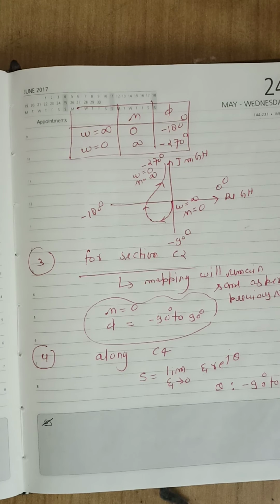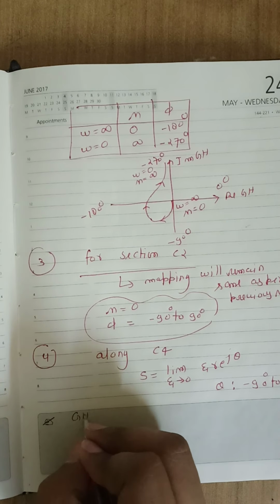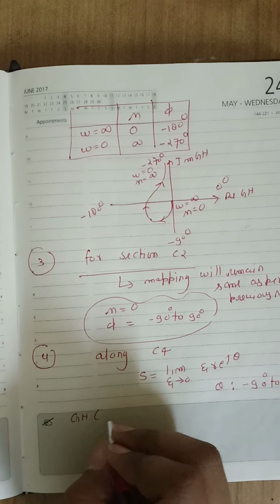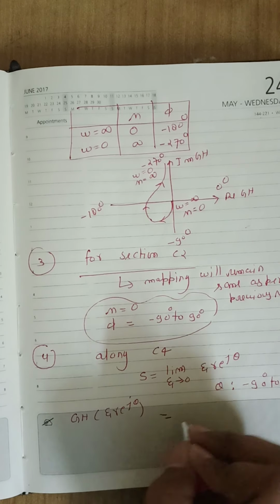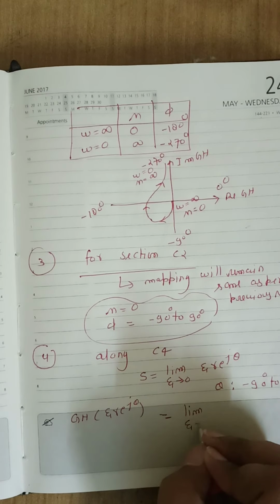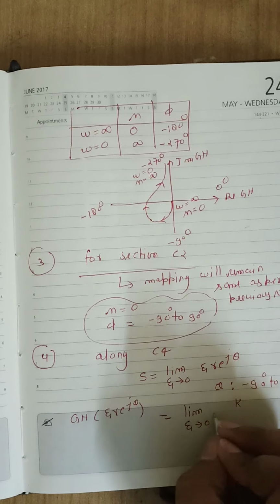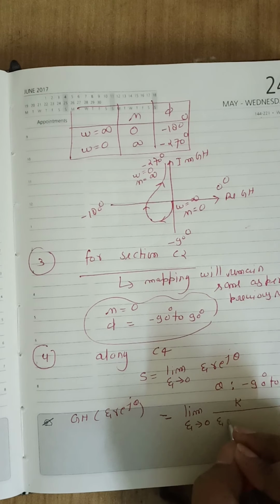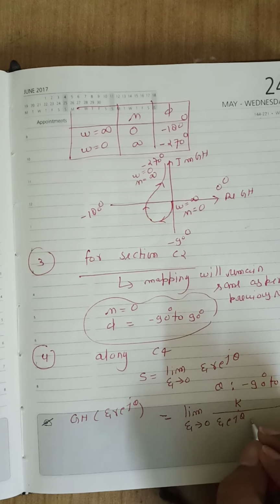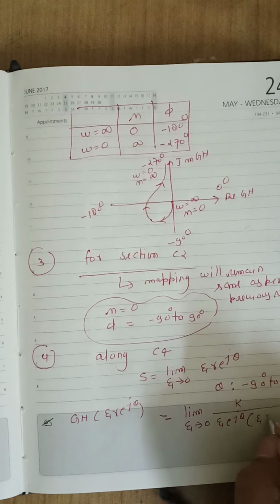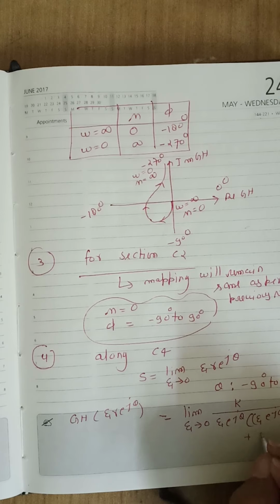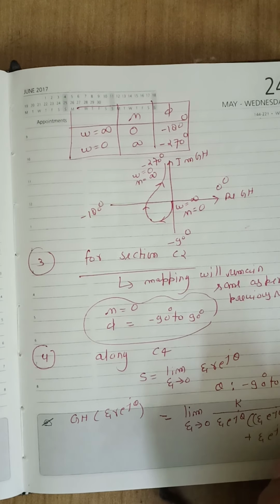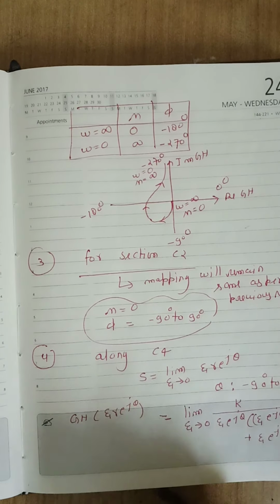Now let us see how we can define GH for S equal to epsilon e to the power j theta. We have limit epsilon tends to 0 of K divided by epsilon e to the power j theta, times epsilon e to the power j theta to the power 2 plus epsilon e to the power j theta plus 4.